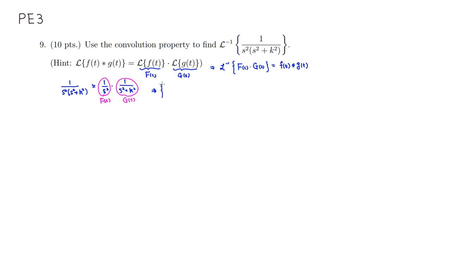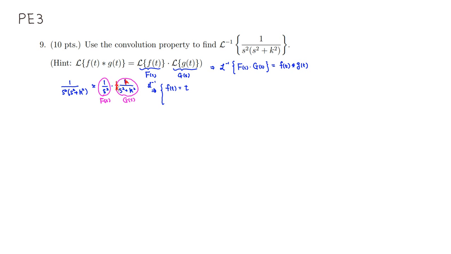So we want to find f of t by taking the inverse Laplace transform. The inverse Laplace transform of 1 over s squared is just t. For the other one I have to do a little bit of rewriting: put a k on top and divide by k.